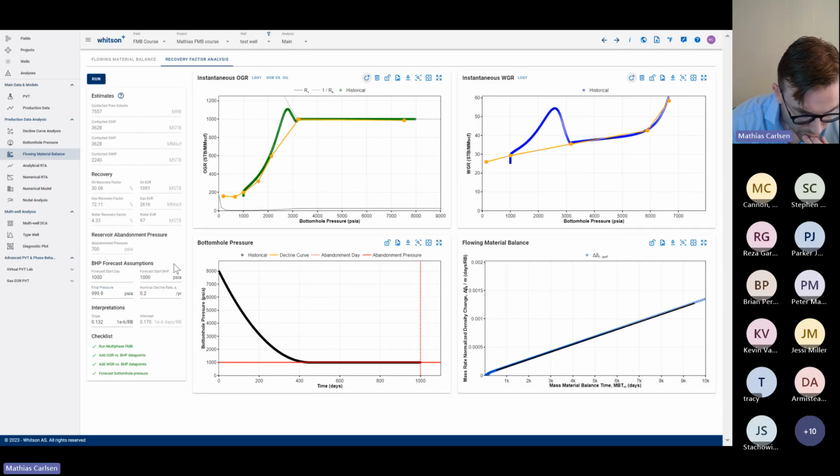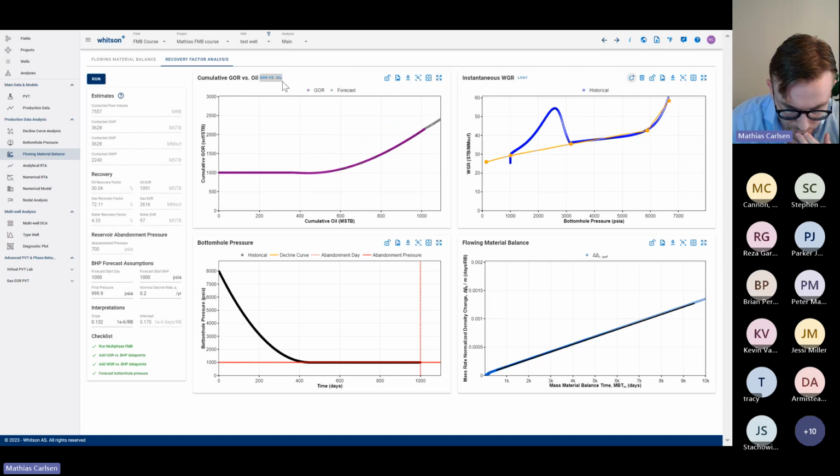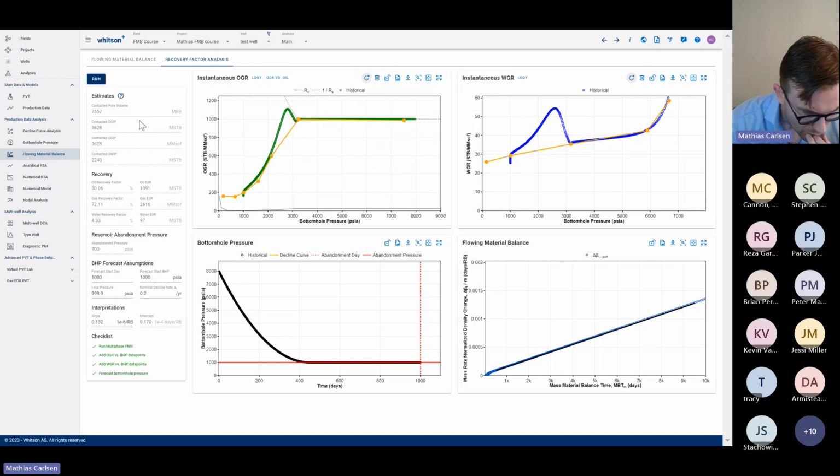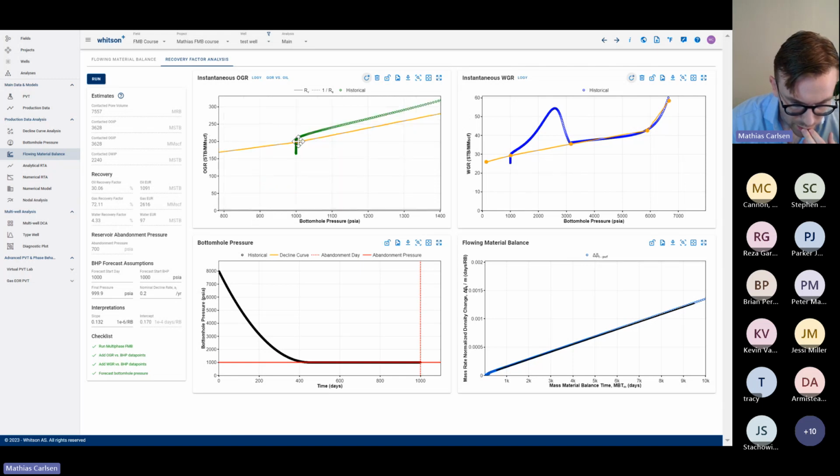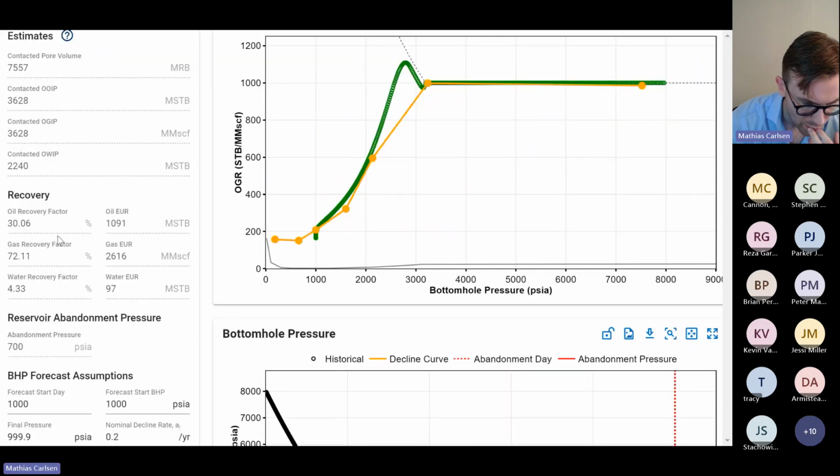Let me just do that. So that's a way to get your recovery factors in the software right here. If I just make these basically the same, you see I spit out the recovery factors here.